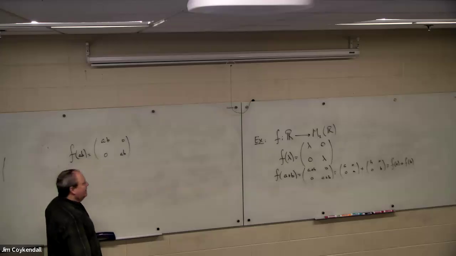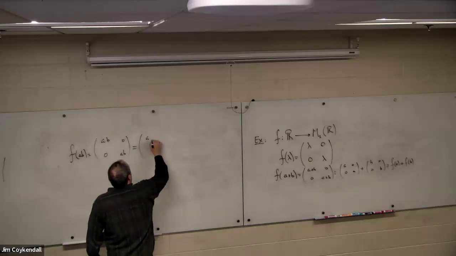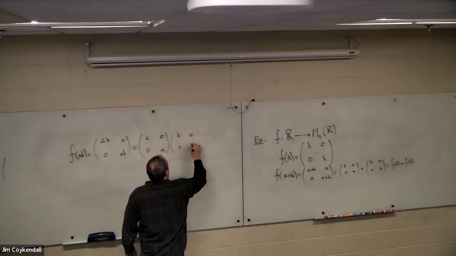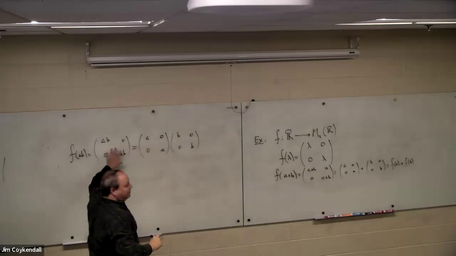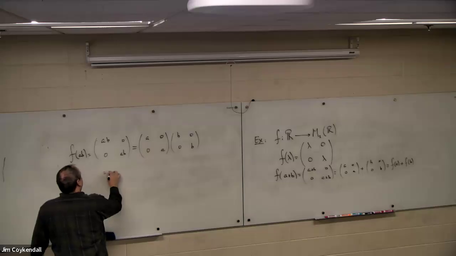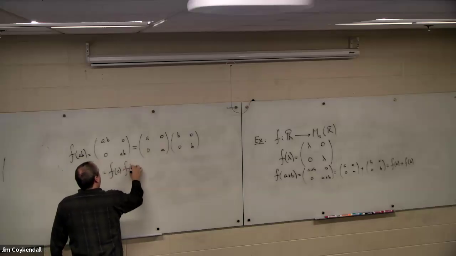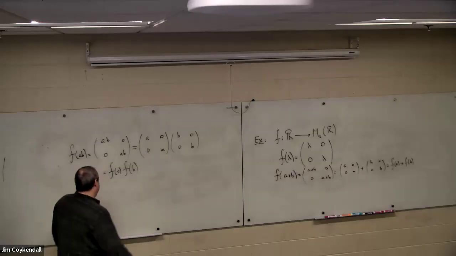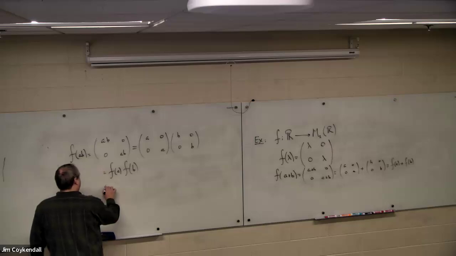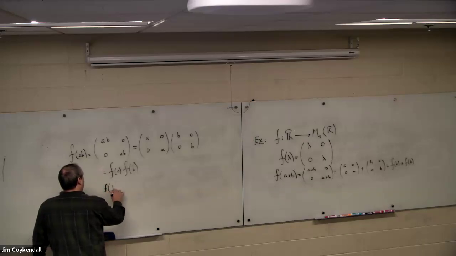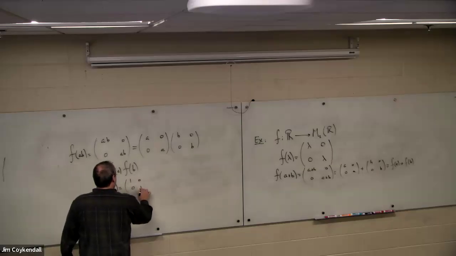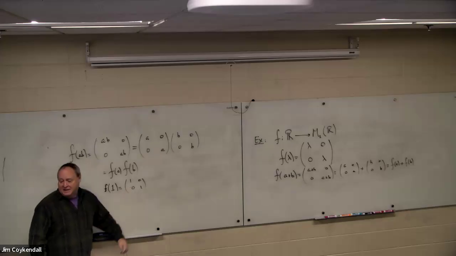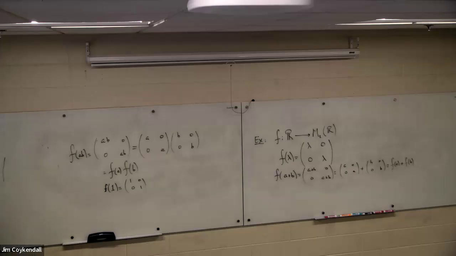Because these are scalar matrices, you can check very easily that this matrix times this matrix is this matrix, and this is F of A times F of B. Also notice that F of 1 is 1, 0, 0, 1. So it takes the identity of the real numbers to the identity matrix, which is that nice property.